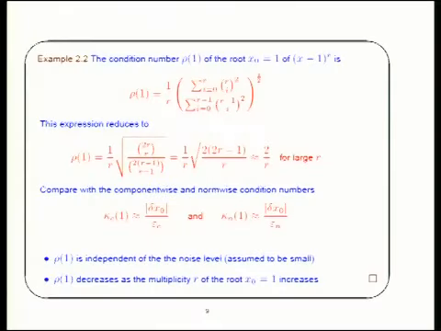If you compare it with random perturbations, remember that's a structured perturbation because I have to keep on the manifold. If I allow random perturbations, so I can go off the manifold and break up the root, my condition number, depending on the class, either component-wise or normalized, is proportional to the signal-to-noise ratio.